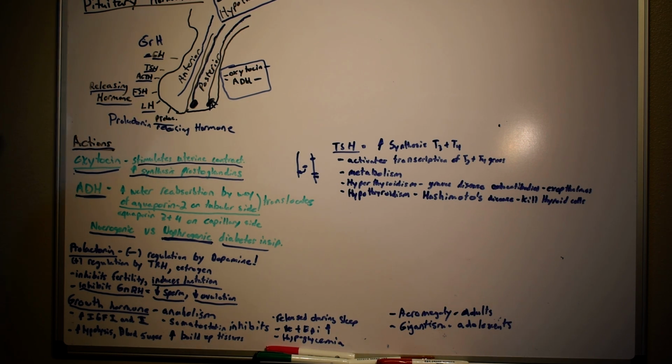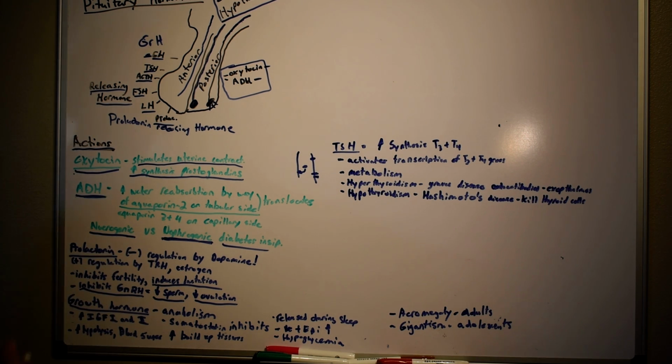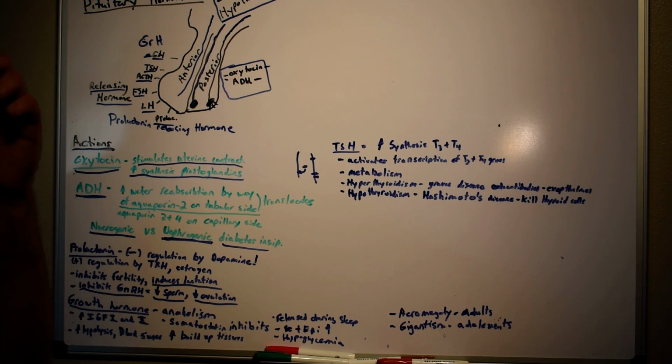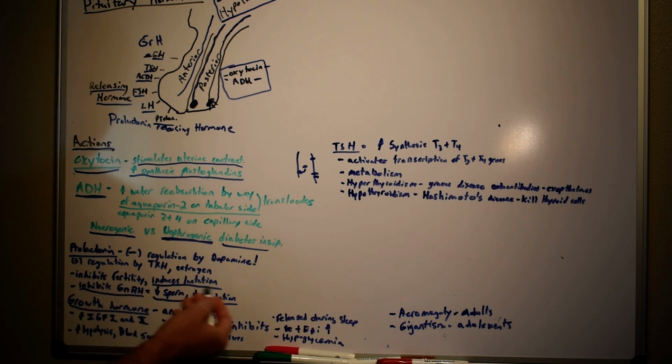A stimulus for release of prolactin is suckling of the breast, and as long as that stimulus is coming in, we're going to keep increasing our levels of prolactin. So as long as a woman's breastfeeding, by theory, prolactin levels will be high, and thus we're going to inhibit our gonadotropin releasing hormone, so we're going to decrease fertility because we're not going to be ovulating at that point, right?